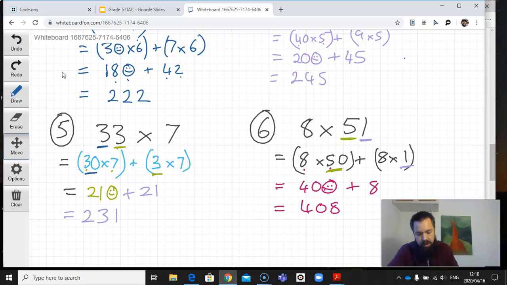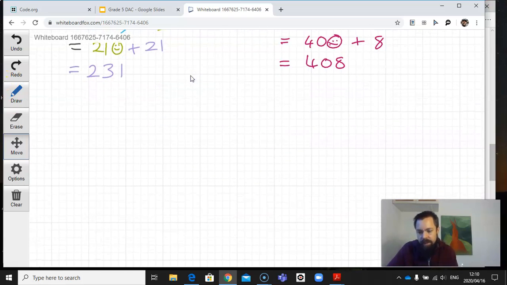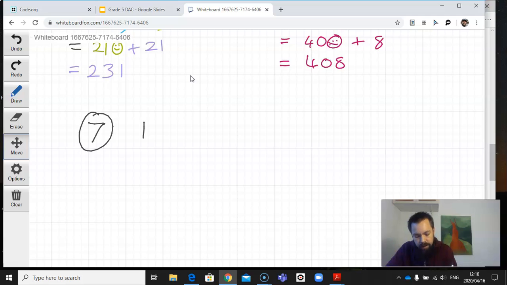I did say that I was going to show you one where you use 3 numbers. It works exactly the same, but this time you break it down into 3 pieces. So this was number 7, let's do it the other way around, 4 times 136. This time I am going to write out my different pieces. So I've got 4 times 100.